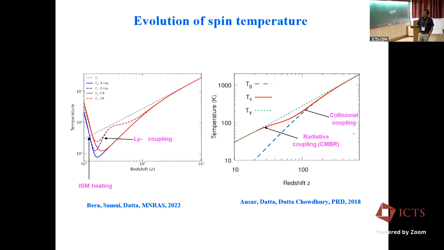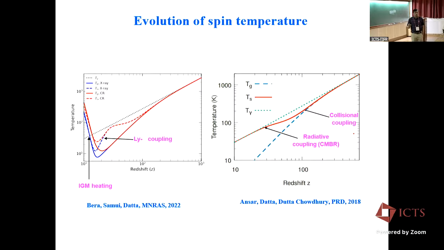However, if we look at the red solid line, it shows the gas kinetic temperature, and you see initially it is coupled to the CMB temperature, and that is something I did not discuss. This is because of the free electrons available in the intergalactic medium. I think Tirth touched on this a little bit.